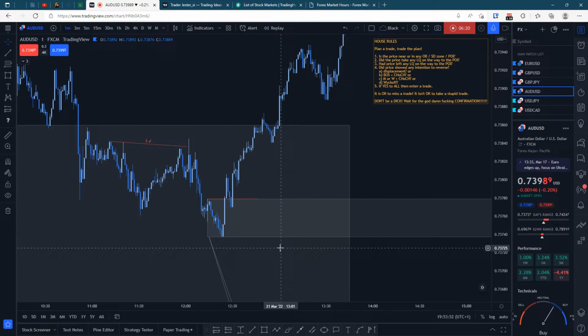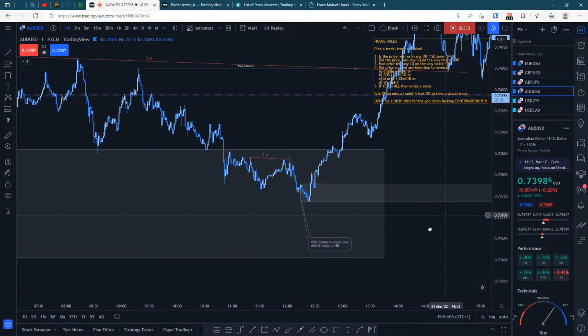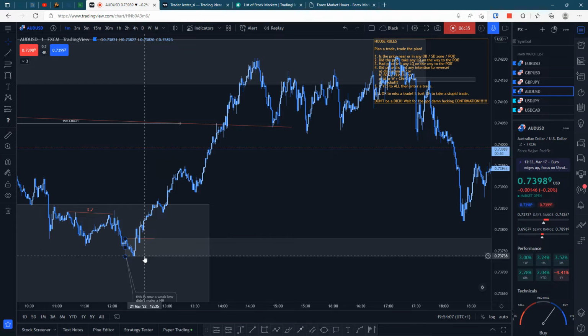And if I had put my entry limit at the start of this zone after this displacement, I would have been in the trade that I planned. So that's why sometimes we can be right on the main move, make an early entry, get stopped out, and have a losing trade.